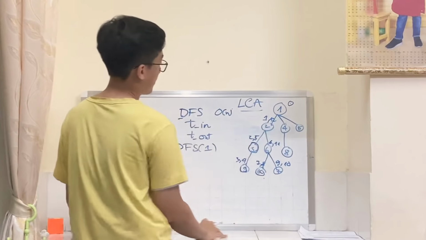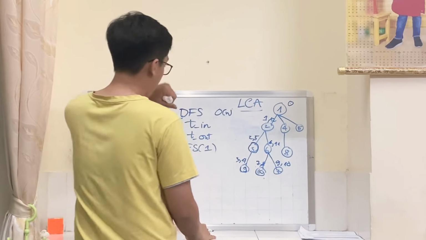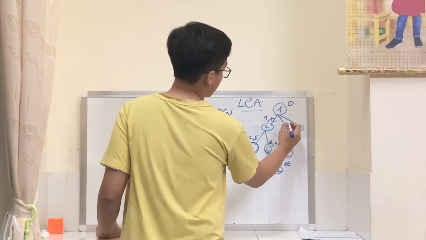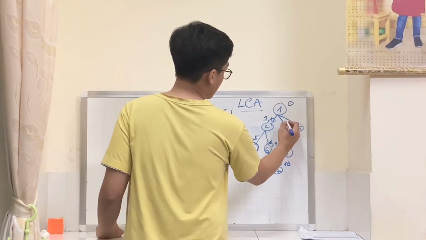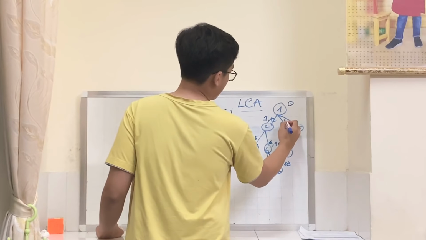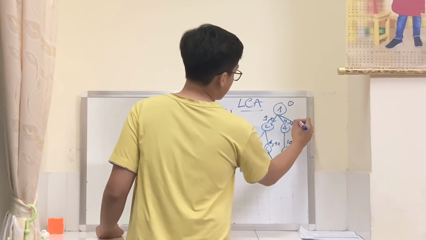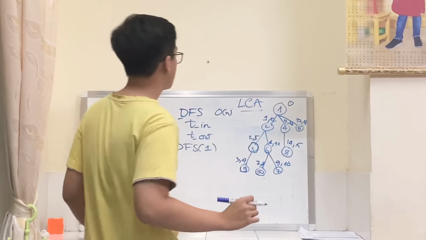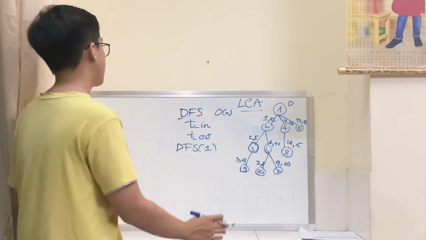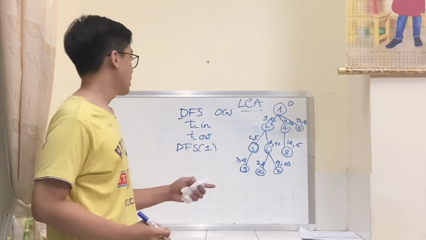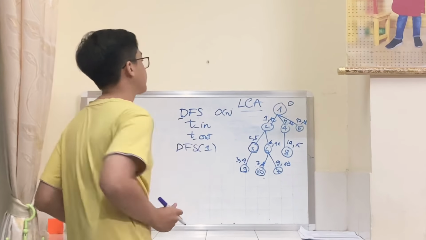From this time it exits node 2 and traverses to this other subtree. So 13, 14, 15, 16, 17, 18. So you can calculate the Tin and Tout of the tree using DFS with extra arrays.